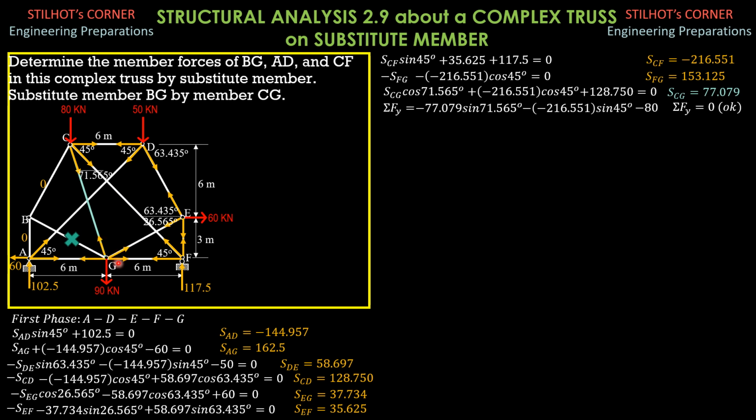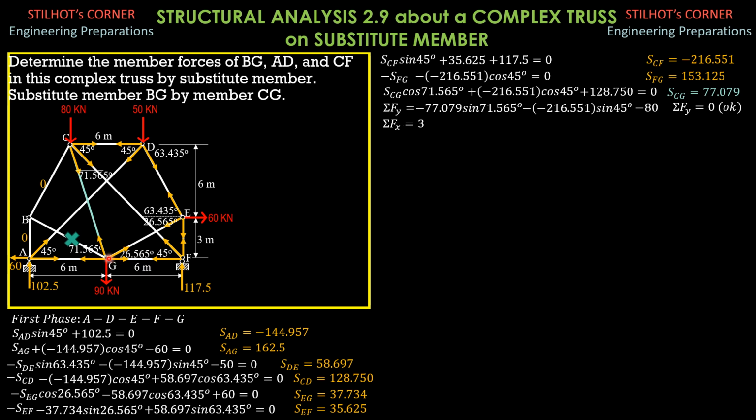Then we proceed to joint G, the last joint. The free body diagram would be as shown. So this is 26.565 degrees, and the angle that this member makes with horizontal is 71.565 degrees.